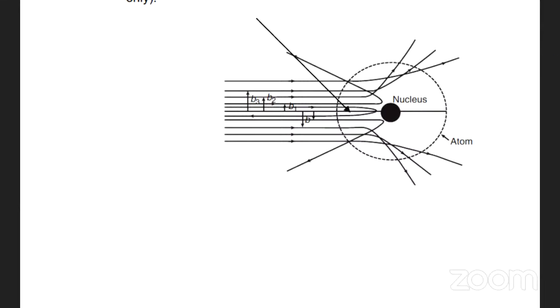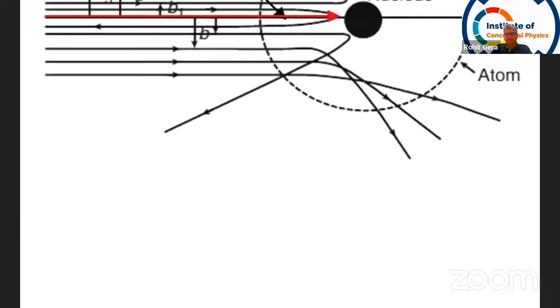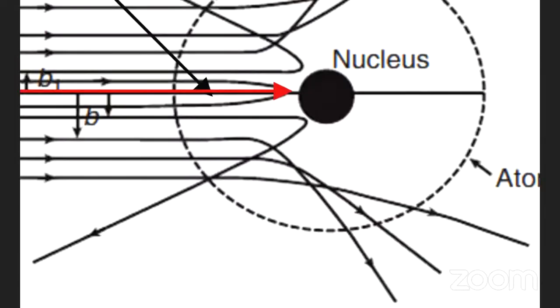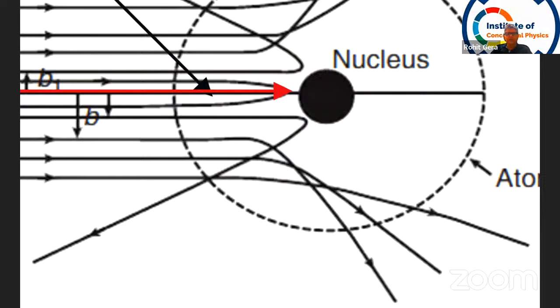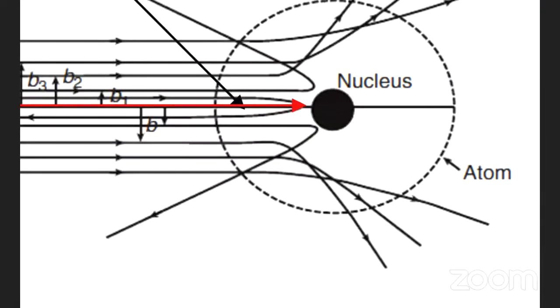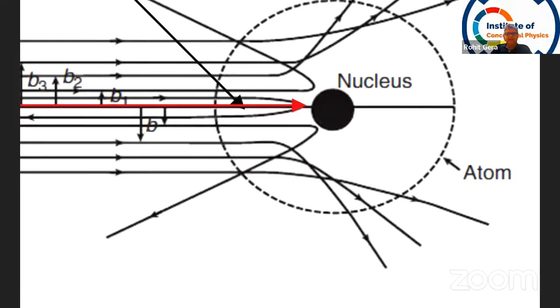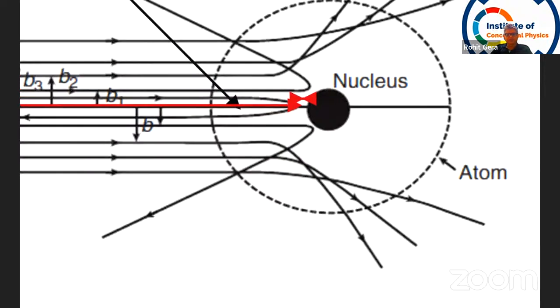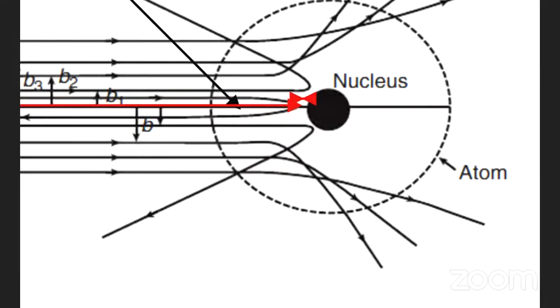Now I'm just enlarging the diagram so that you can see what is happening. It has stopped there, right? So here the whole kinetic energy has been converted into K Q1 Q2 by R. And this small distance between the nucleus and the alpha particle, which has now stopped, is called the distance of closest approach.